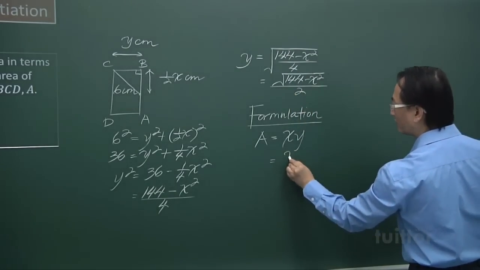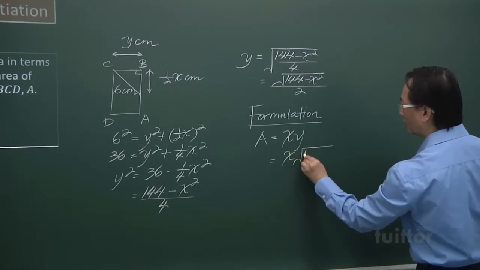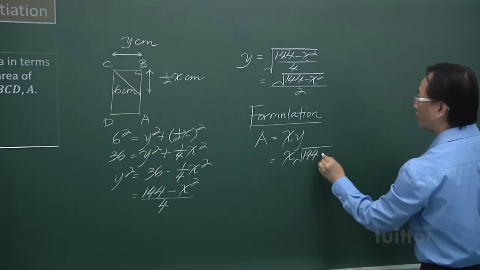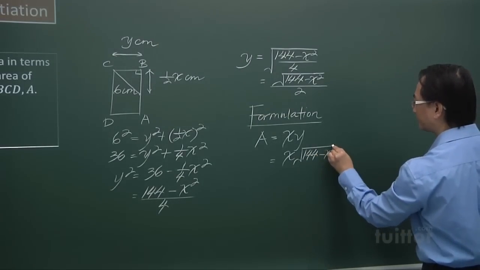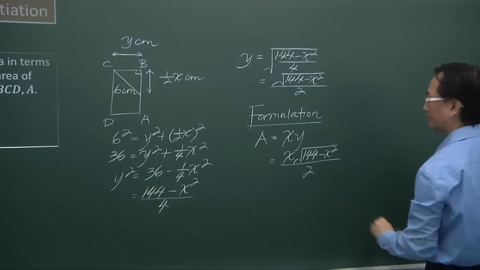So I will have x times square root of 144 minus x squared over 2.